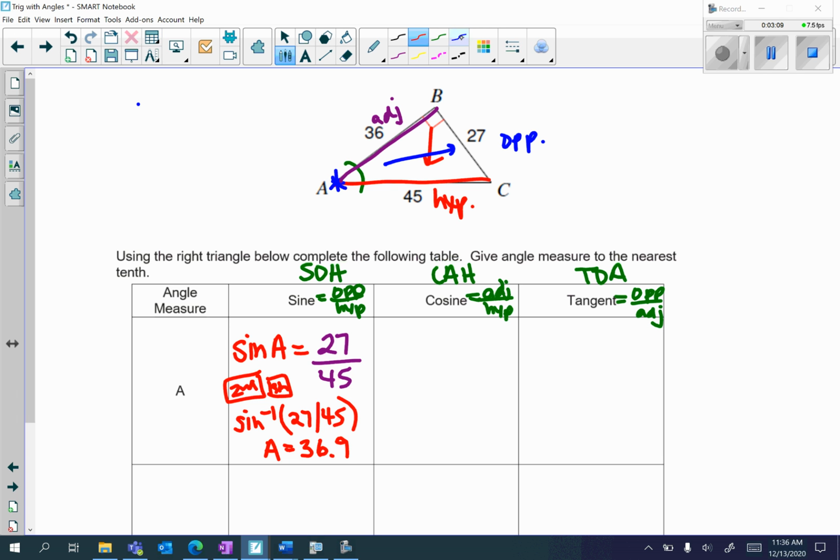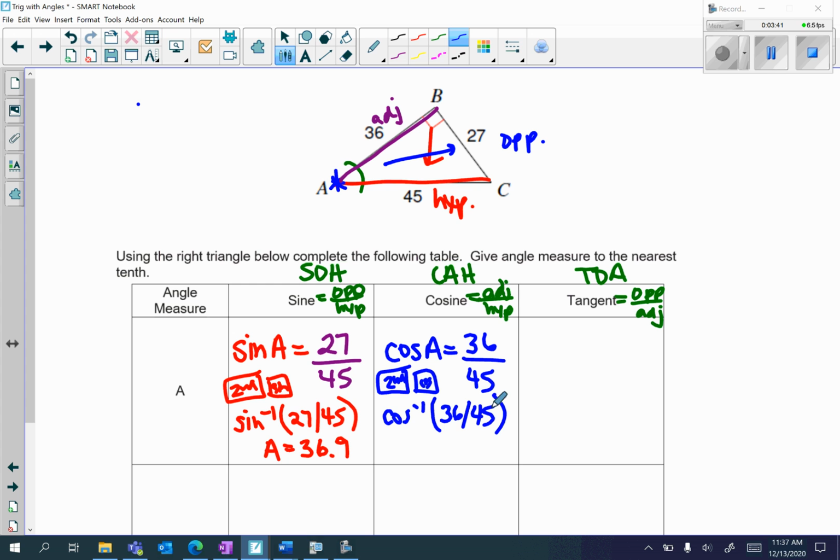Next, let's find cosine of A. Cosine is adjacent over hypotenuse, so adjacent will be 36 over the hypotenuse, which is 45. So again, because we're trying to find the angle, we're going to do second cos 36 divided by 45.